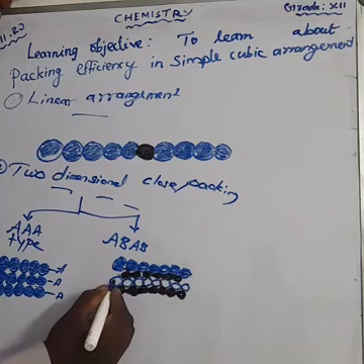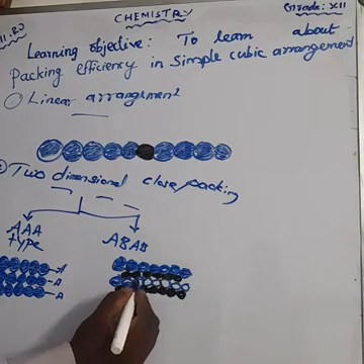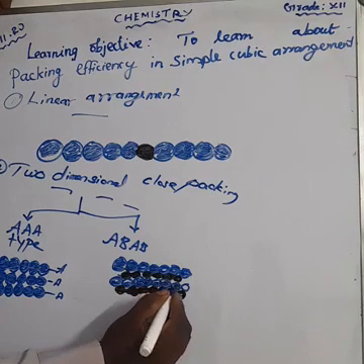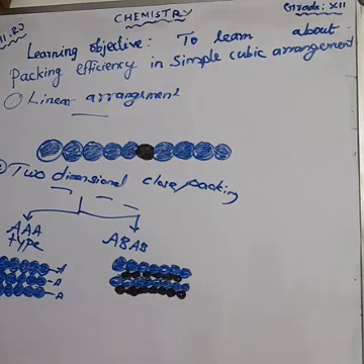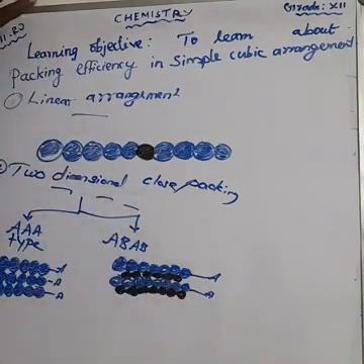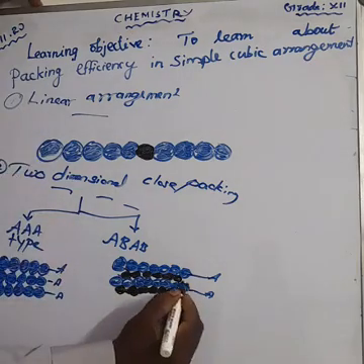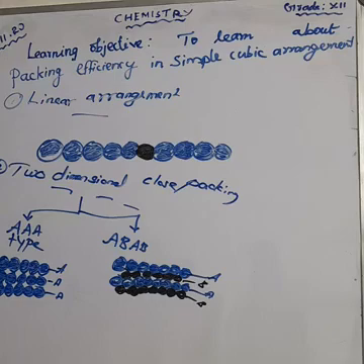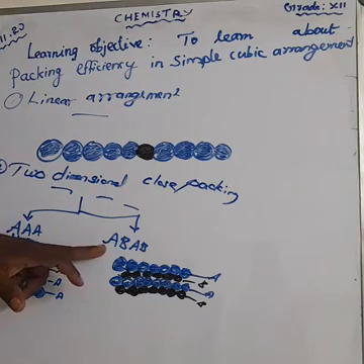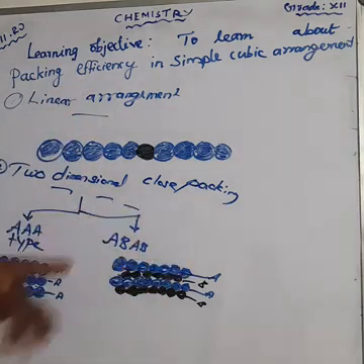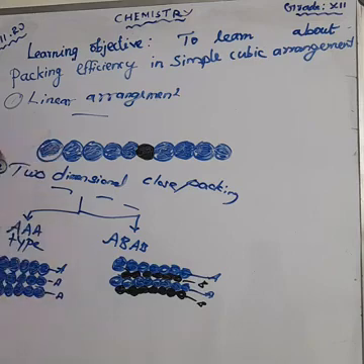Our aim is to learn about the packing efficiency in simple cubic arrangement. This is about A. Next is about B. AB type: in the first row, the linear arrangement, the second row spheres are arranged in such a way as to fit the depressions of the first row.